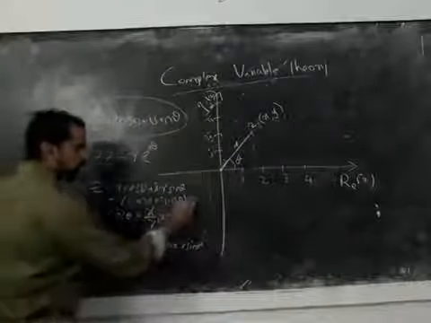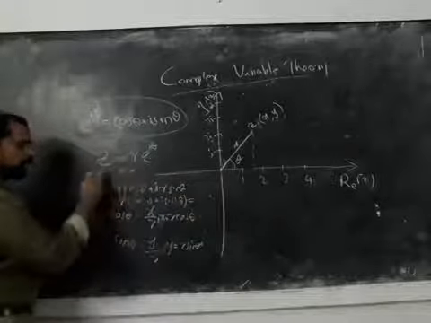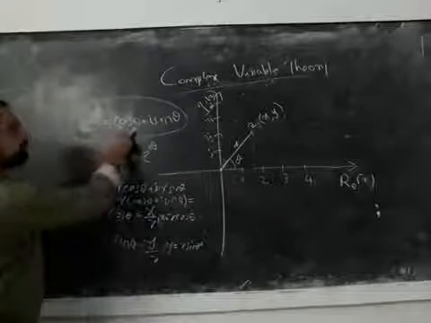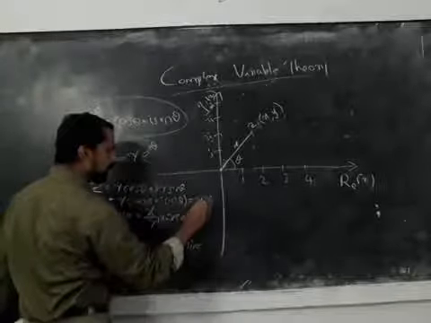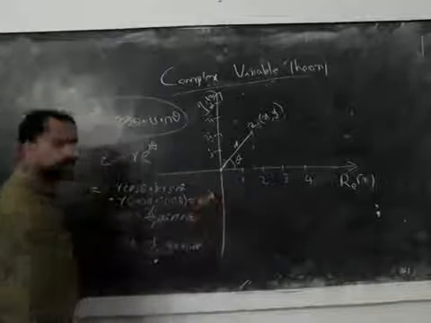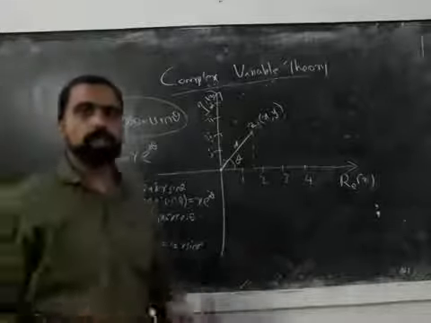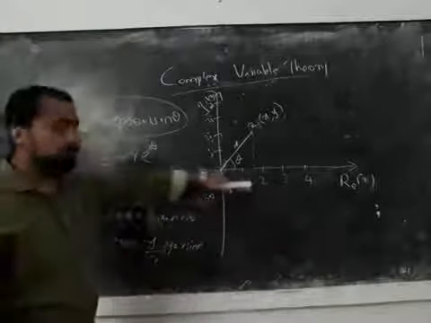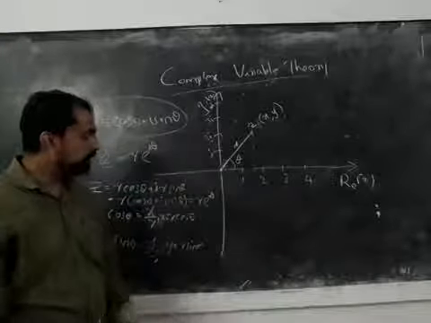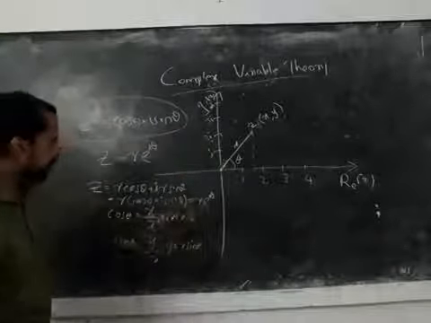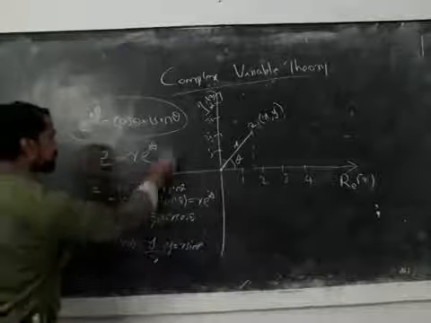If you just apply the Euler formula, then you will get z is equal to r e raised to i theta. So this is the representation of the complex number in polar coordinate system, not in Cartesian, in a polar coordinate system.